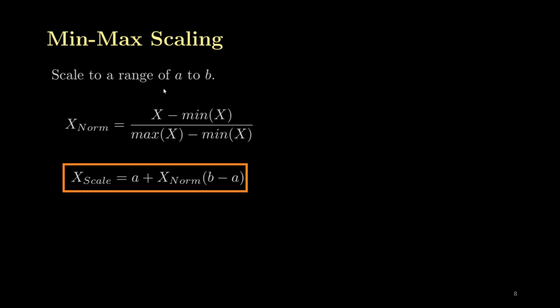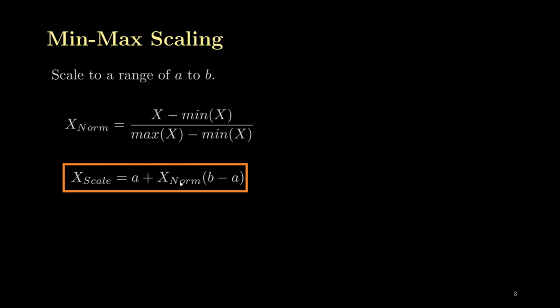The first step in min-max scaling is to perform the normalization. First, we have to normalize the data, and after that, we can select the range. This is the equation of the normalization, which we have already seen. After calculating the normalized value of the data, we will use this equation in order to perform min-max scaling.